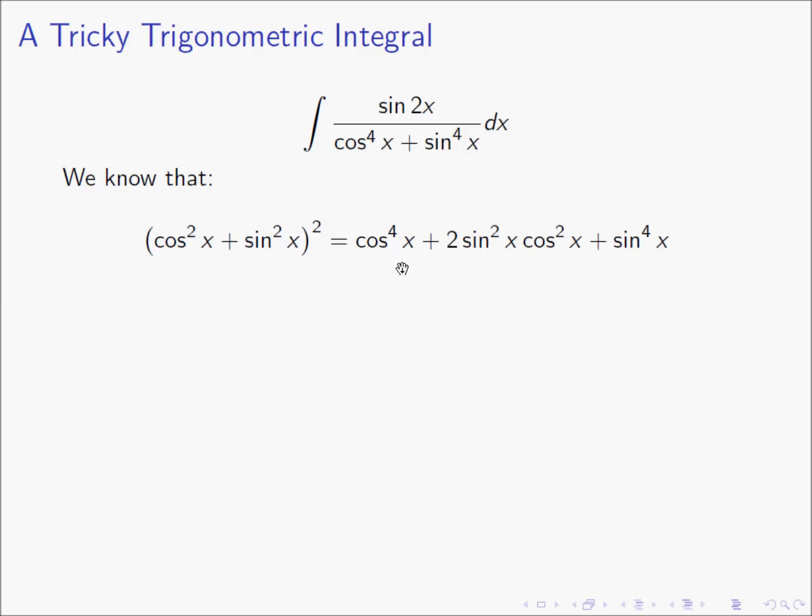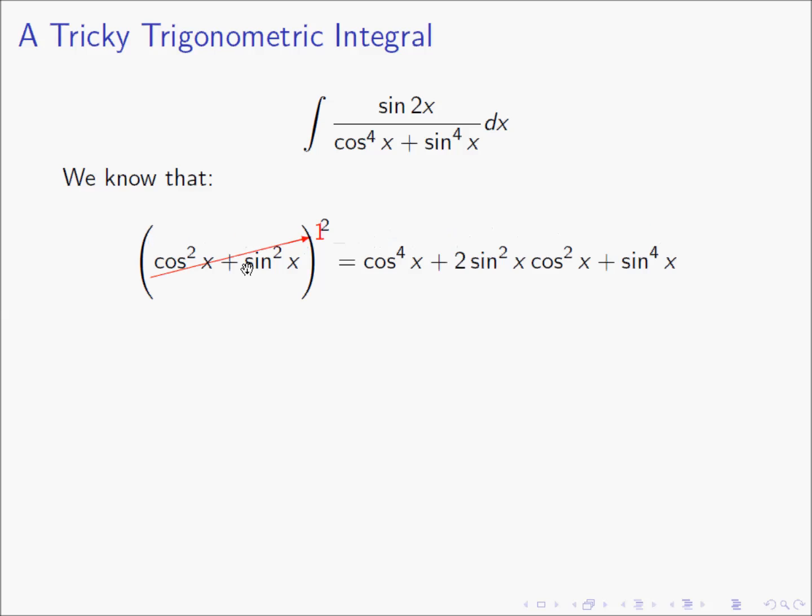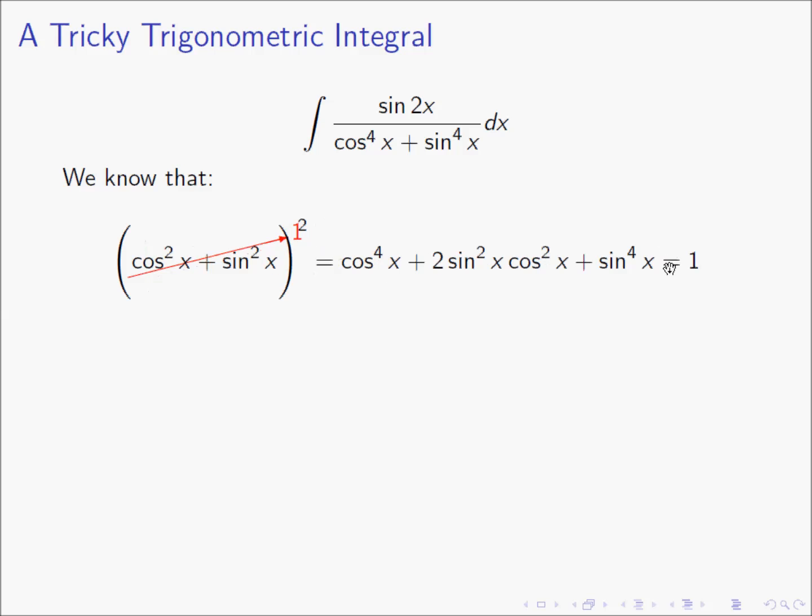We do that because we get the first term and the last term, which is what we have in the denominator of our integral. And we also know that this sum equals 1, the basic trig identity. So 1 squared equals 1. We can solve for this sum, and we get that the denominator of this integral equals this.